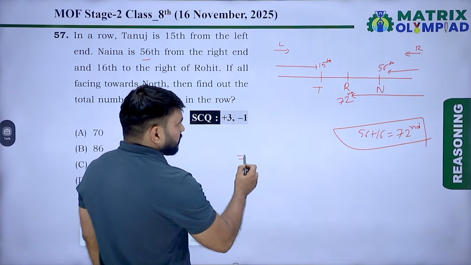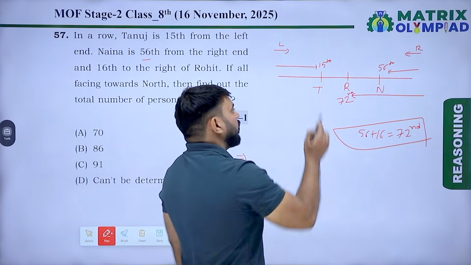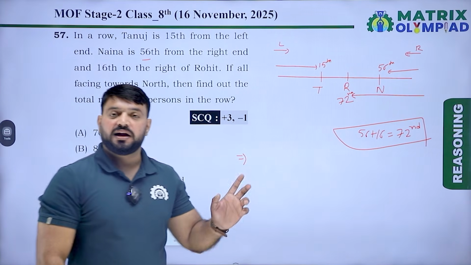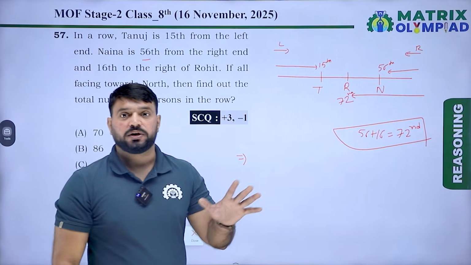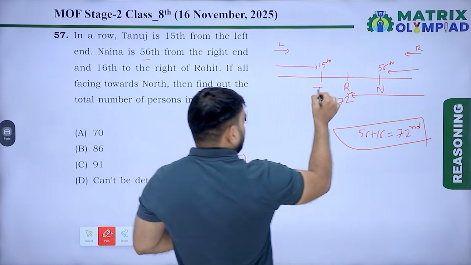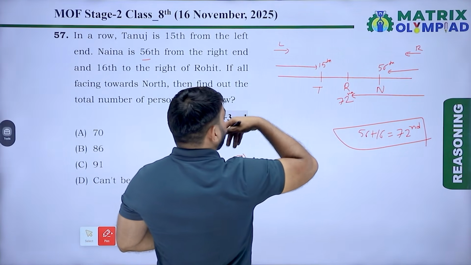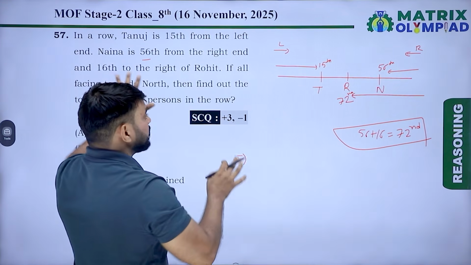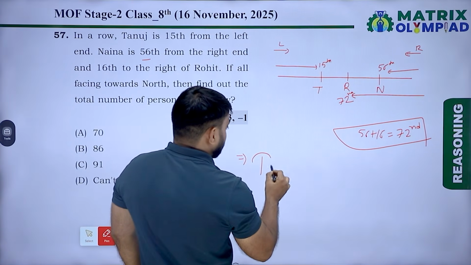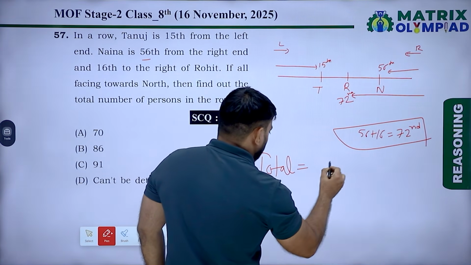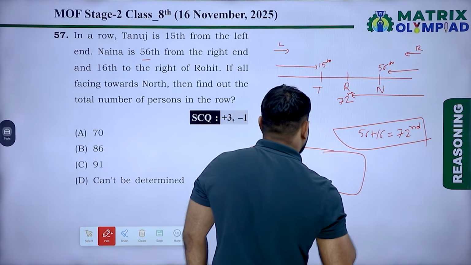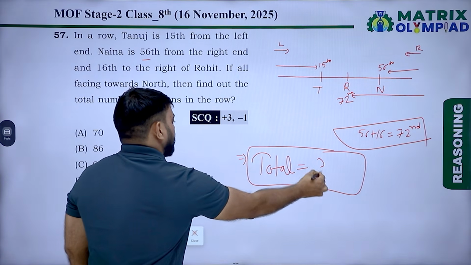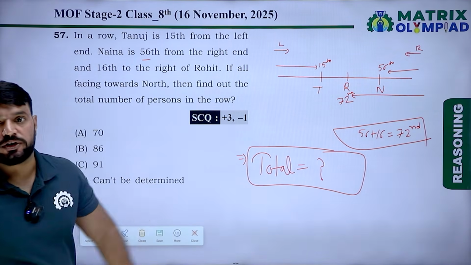In this question, the position of a person from the left and right is not given. So the left position and right position of a single person is not given in this question. So we can't find the total number of persons in this question.